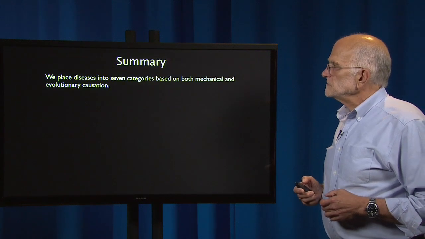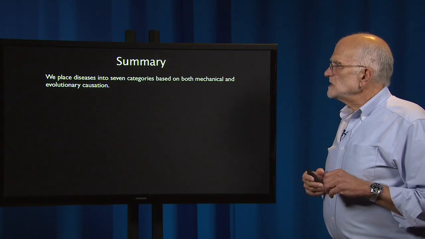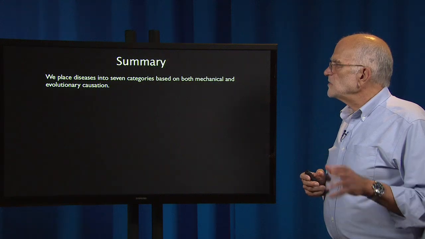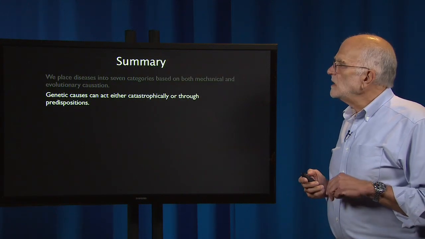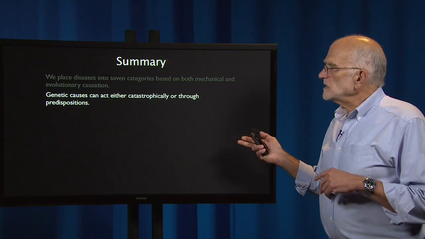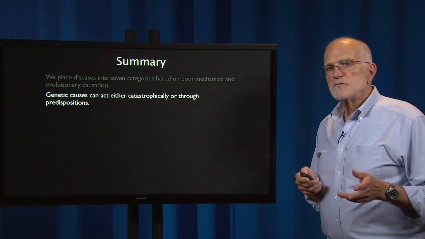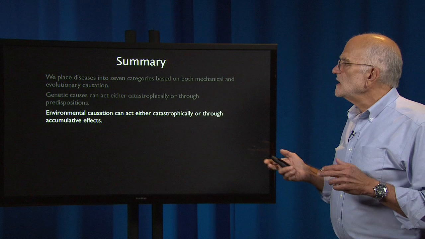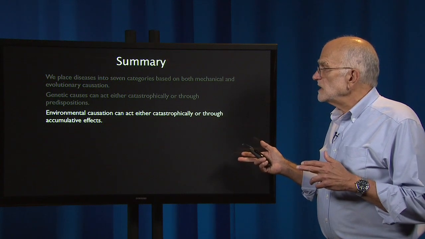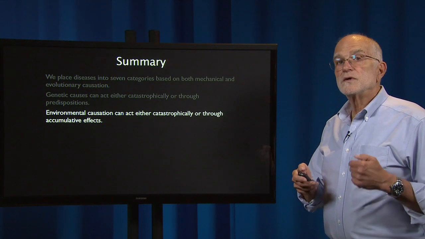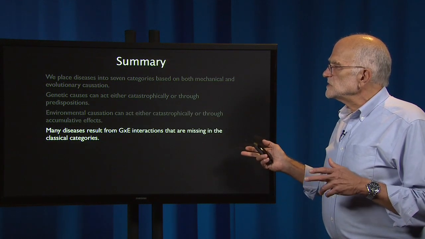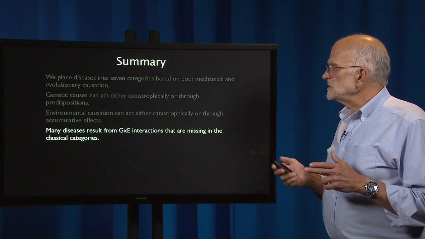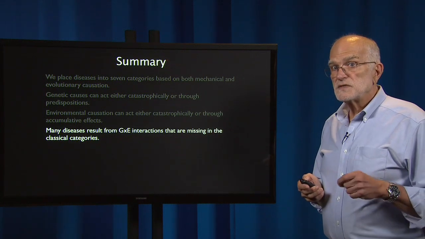To summarize, we place diseases into 7 categories that have both mechanical and evolutionary causes. Genetic causes can act either catastrophically or through predispositions. Environmental causation can act either catastrophically or through accumulative effects. Many diseases result from G by E interactions that are missing in the classical disease categories.